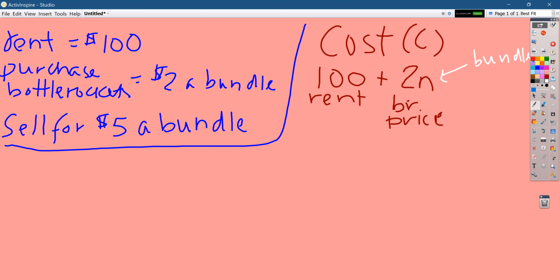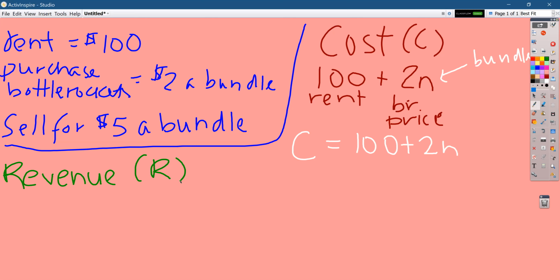So his cost then is 100 plus 2N. Then we know that his revenue, that's R, is going to be $5 per bundle.